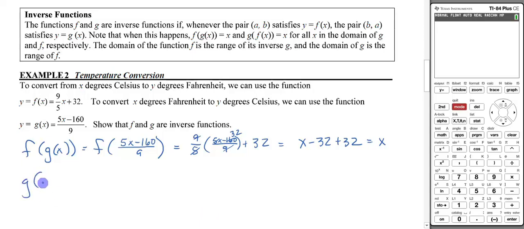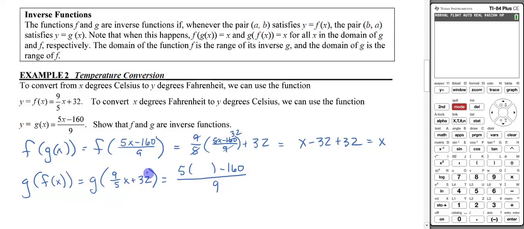Let's go ahead and do g of f of x. So g of f of x is 9/5 x plus 32. And the g function says 5 times some input x minus 160 all over 9.